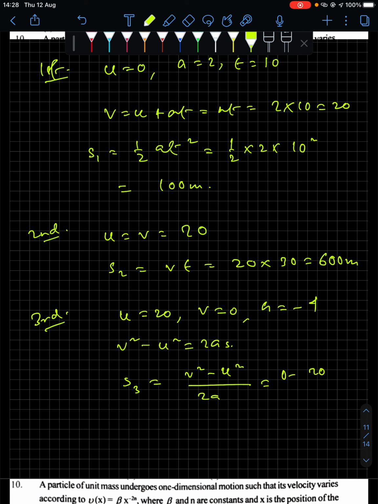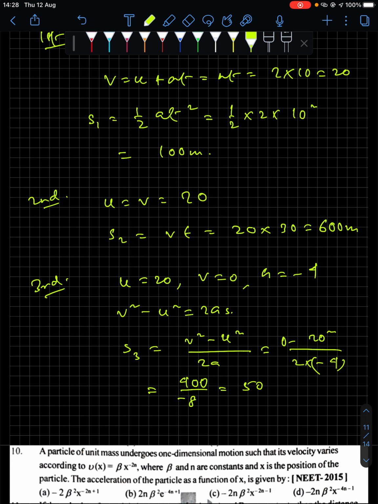So 0 minus 20 square divided by 2 into -4. So 400 divided by 8, and that is 50. Therefore S is equal to 100 plus 600 plus 50, and that is 750 meter. Option number B.